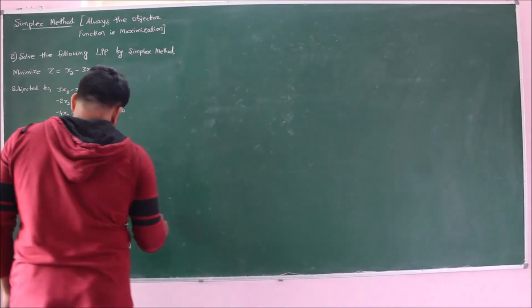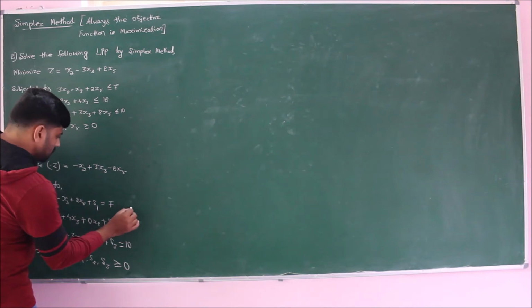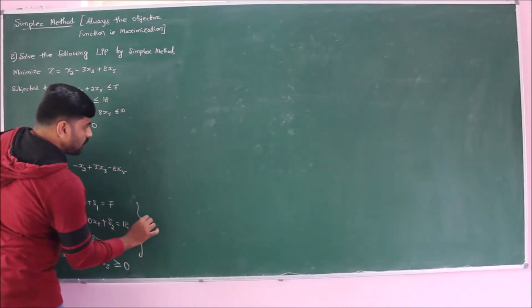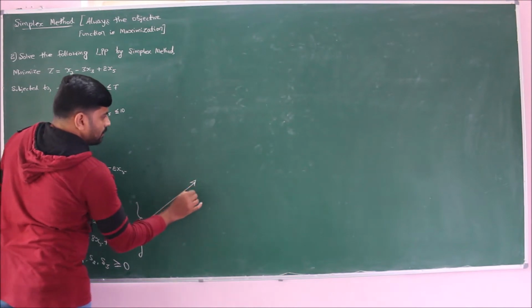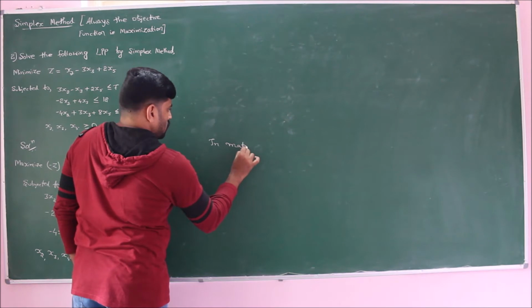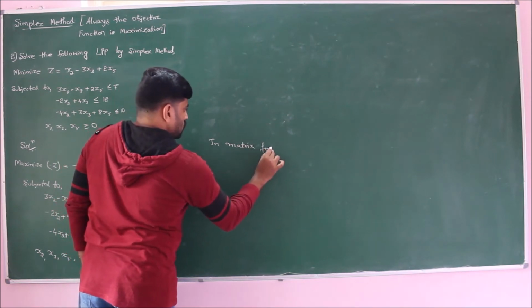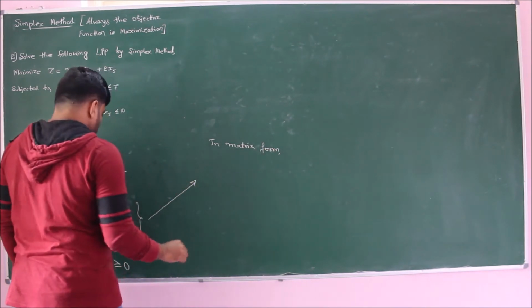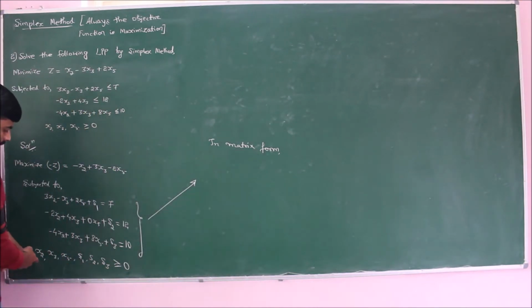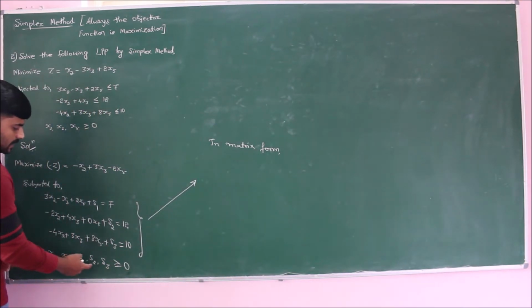In step 2, as I said, I should represent this set of linear equations in matrix form. Representing this in matrix form, the variables we have are x2, x3, x5, s1, s2, s3.